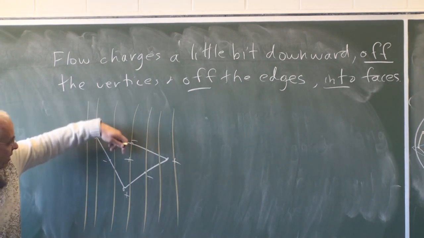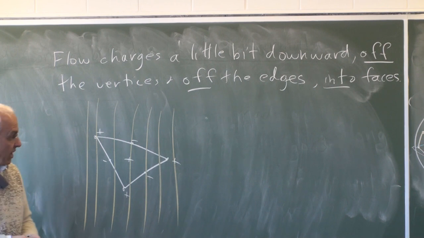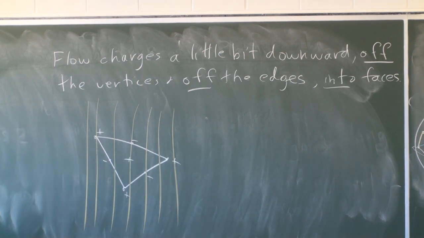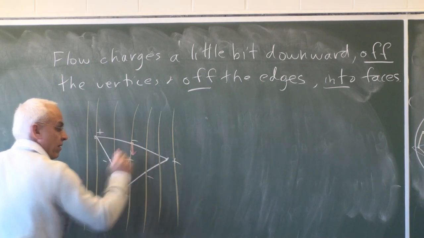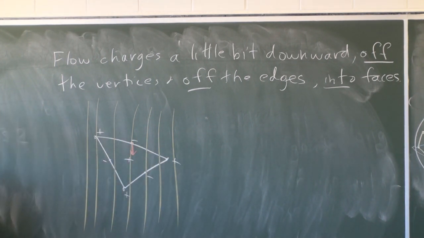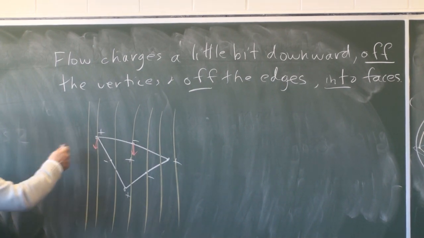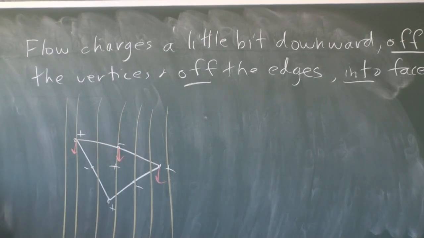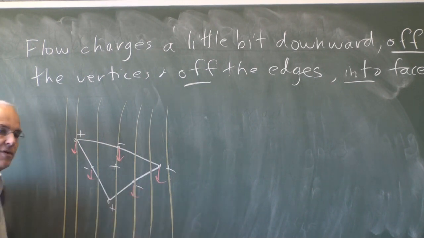Now I want to flow down. What's going to happen in this case is that this edge is going to flow down into that face. This edge is going to flow into something else. This vertex is going to flow into something else. This edge is going to flow into something else, and these guys are also going to go out.